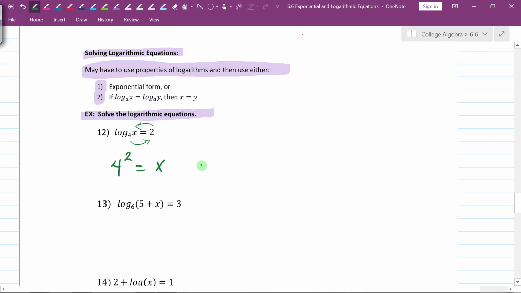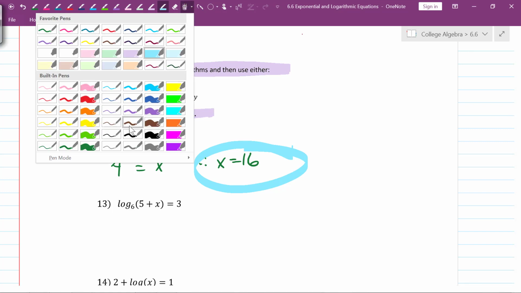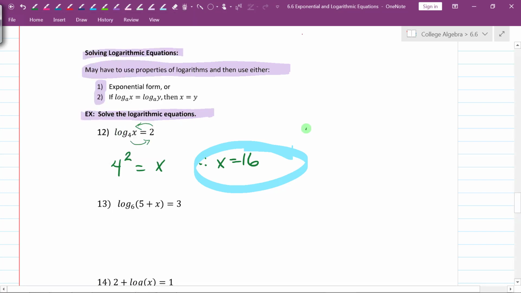Therefore, x equals 16. Done. What do you think? Let's identify our domain. For this particular problem, our domain is from 0 to positive infinity. I don't have any shifting here, so it's from 0 to positive infinity.